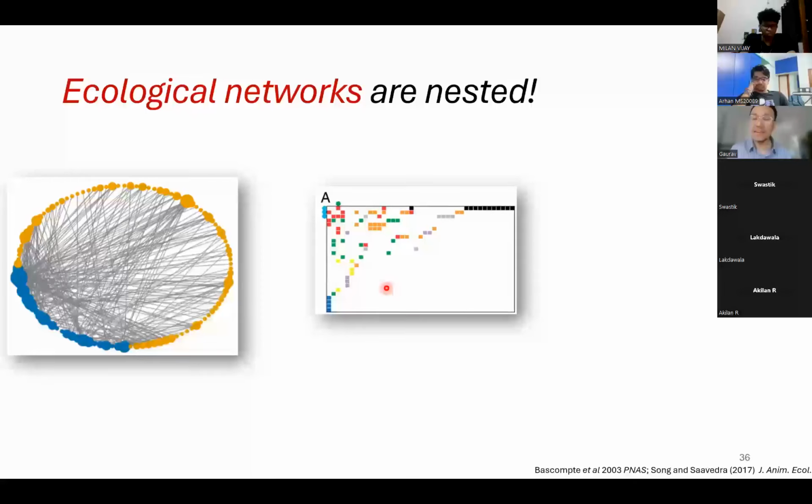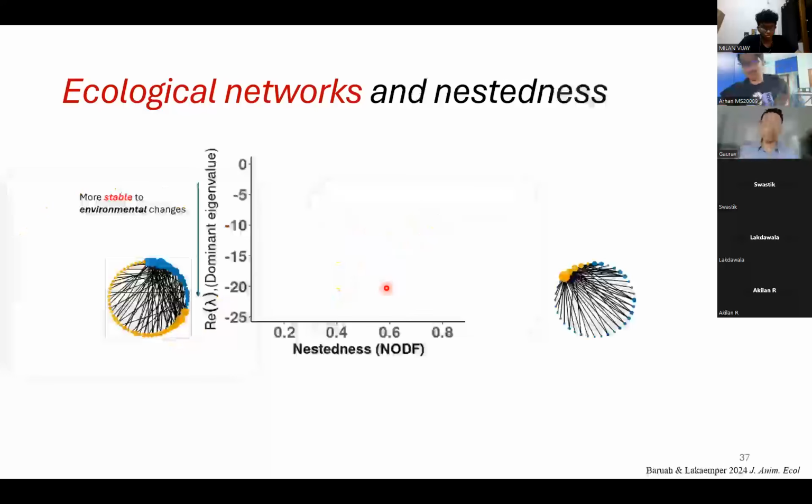But in all of these studies that have been done to date, one aspect has always been ignored, which is the evolutionary dynamics, or dynamics of species traits that can feed back on population. That has always been ignored, and this is what we do. We try to understand this from an eco-evolutionary perspective. So we model such systems with both ecological dynamics and evolutionary dynamics, and then try to understand how nestedness impacts the dynamics of such networks.